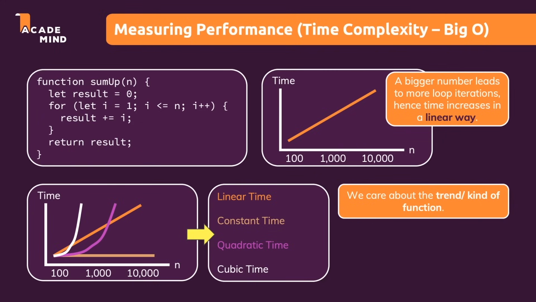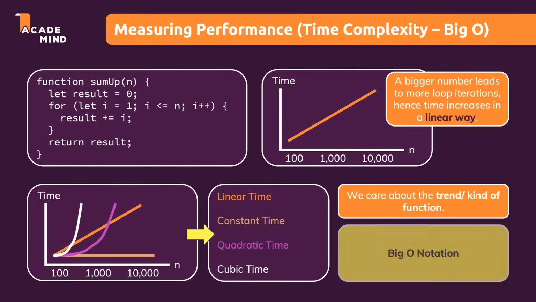But in programming, we use something called big O notation, which simply makes it easier for us to quickly express the time complexity of a given algorithm to other developers. And big O notation looks like this. For linear time, you write O of n. For constant, you have O of 1.